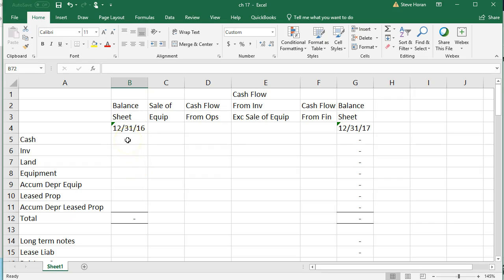Let's go ahead and for my beginning balance sheet, cash was 30. This is just the numbers right from the problem. And then we had equipment worth 36.